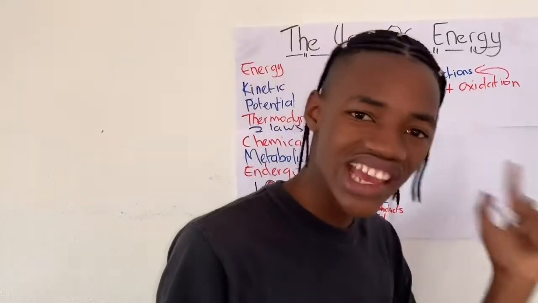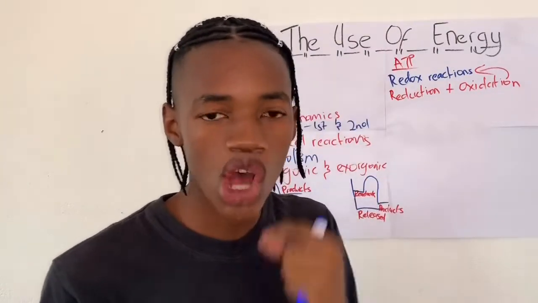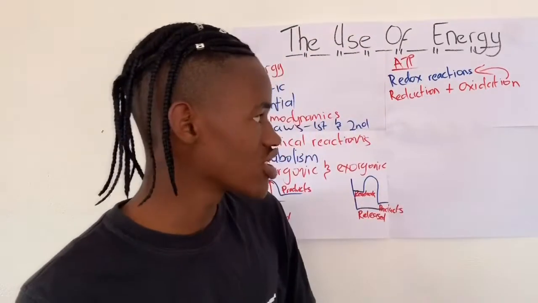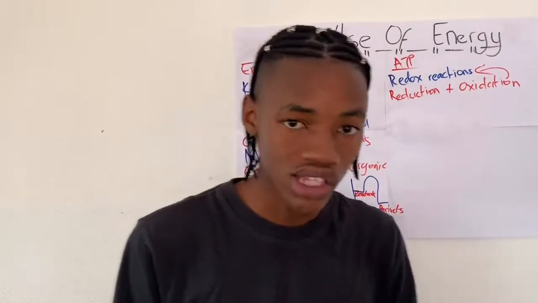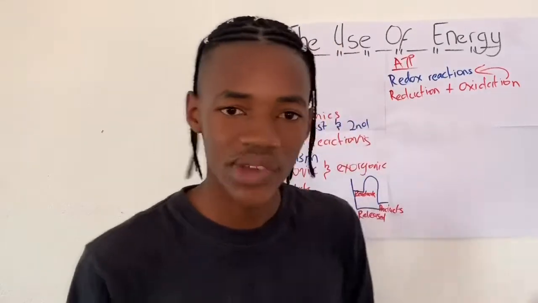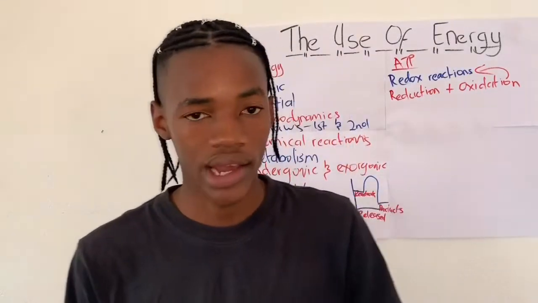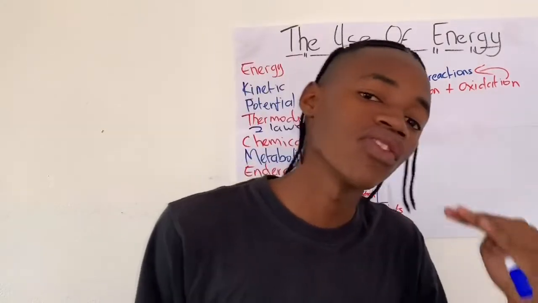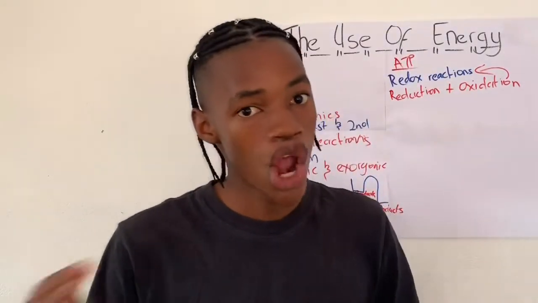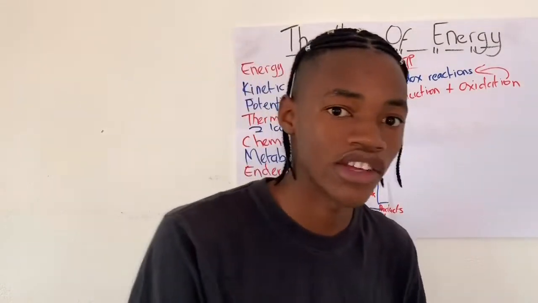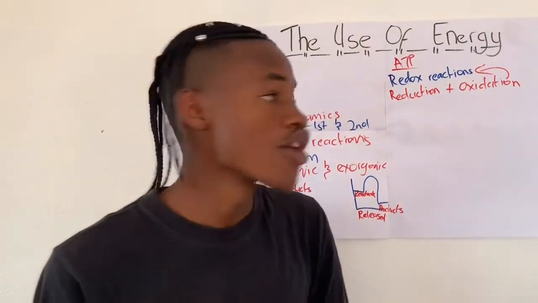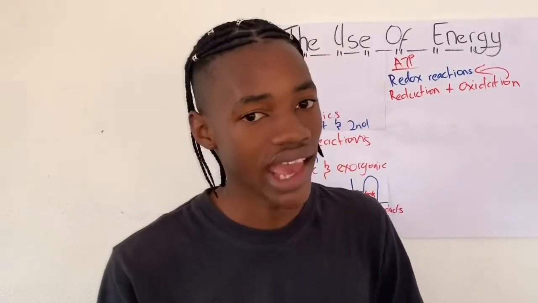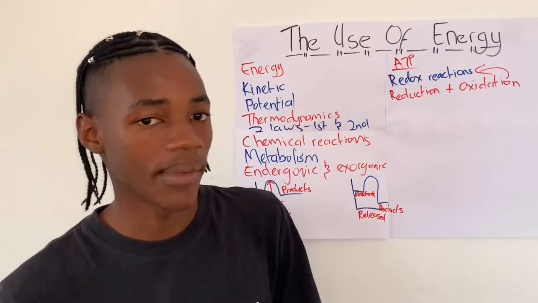Oxidation means the loss of electrons from one atom, molecule or ion, and reduction means the gain of electrons by an ion, molecule or atom. So oxidation is loss of electrons and loss of energy, and reduction is the gain of electrons and the gain of energy at the same time.